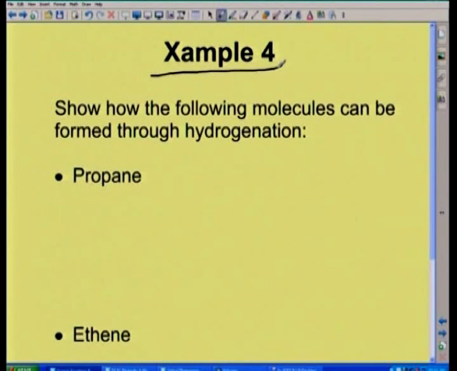Now let's look at this example here to show what happens. Show how the following molecules can be formed through hydrogenation. Okay, propane. This is a good question. Propane, how is it formed through hydrogenation? Now, for us to produce propane from an unsaturated hydrocarbon, that unsaturated hydrocarbon has to be an alkene. It can't be an alkyne.